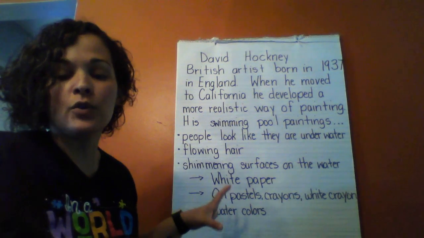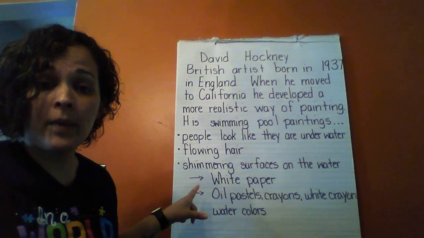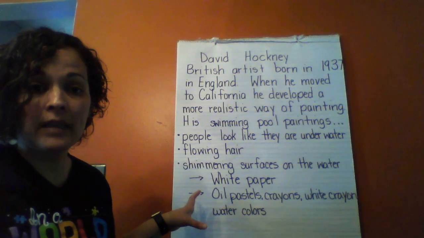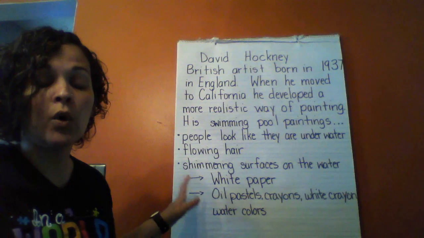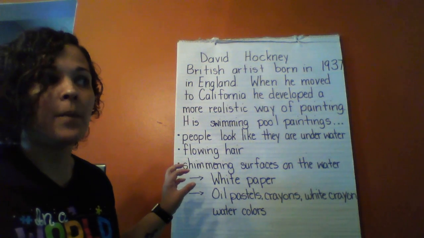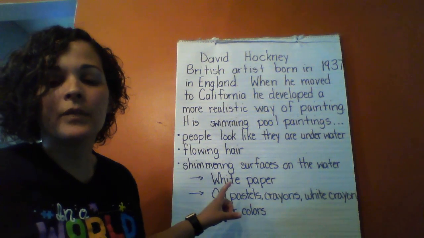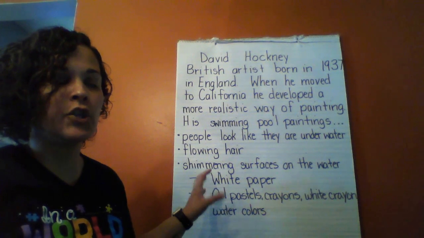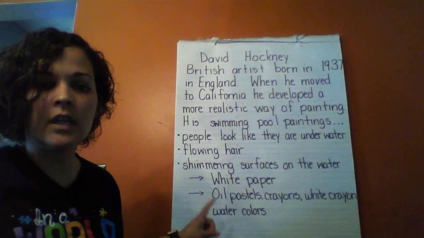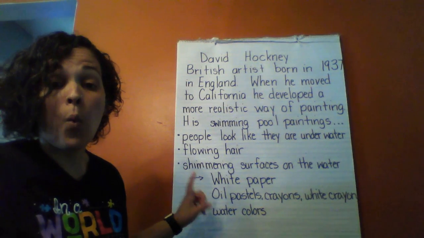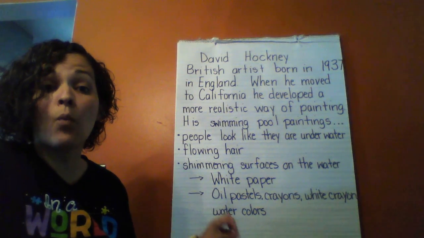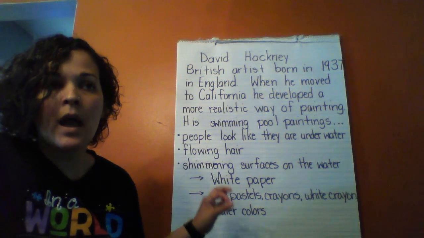So if you want to do this with me, you'll need white paper. If you have oil pastels, you can get that. If you don't, you can get crayons, colored pencils, watercolors. For the shimmering of the water, you definitely need either a white oil pastel or a white Crayola crayon.